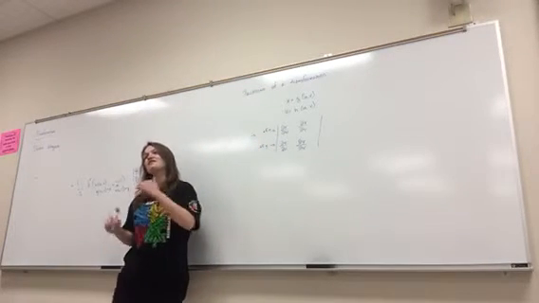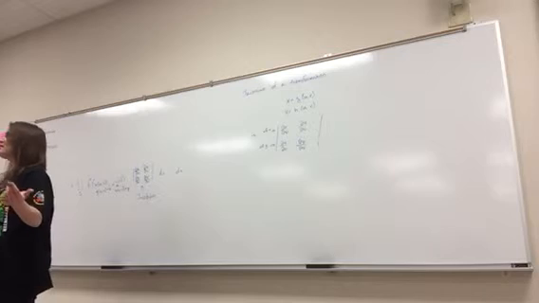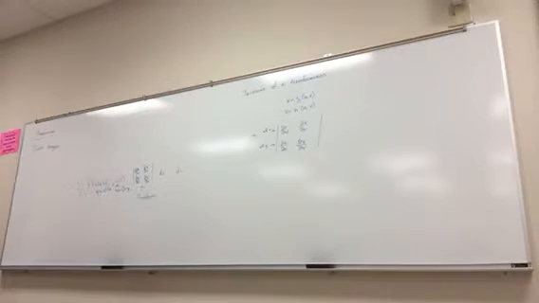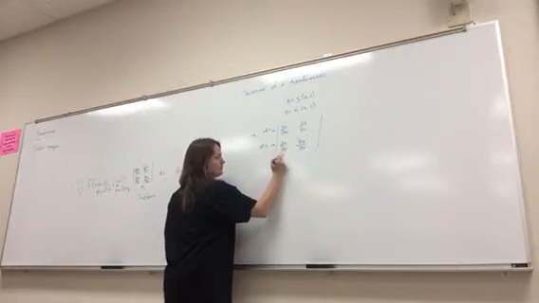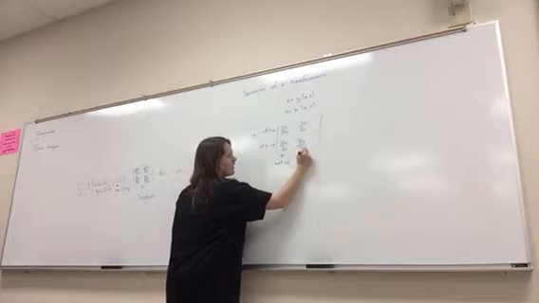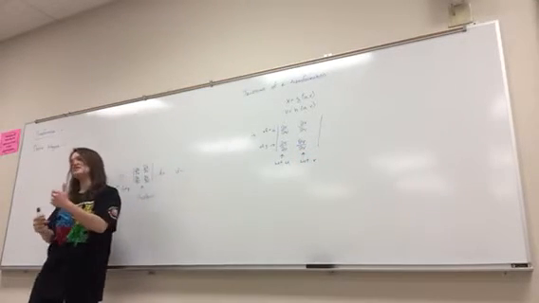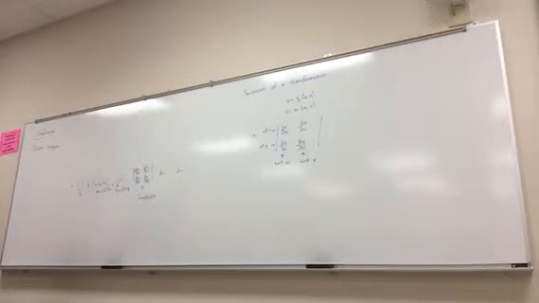This makes sense because my first variable in rectangular is x, my second is y. My first column is with respect to u, and my second is with respect to v, which makes sense because my first coordinate is u, my second coordinate is v.